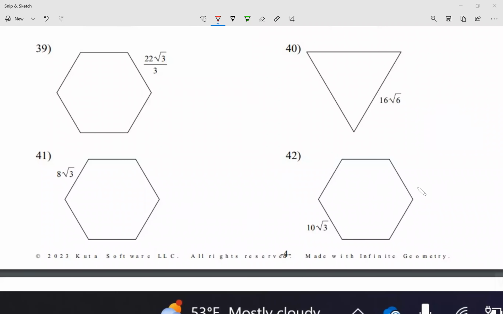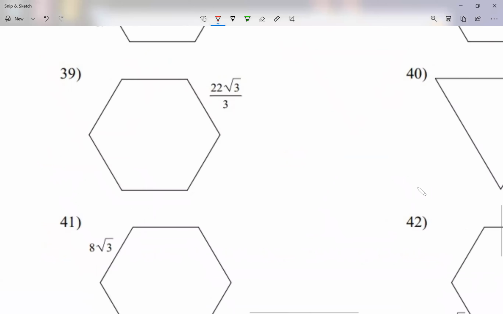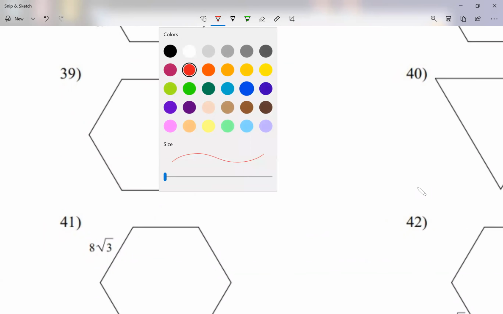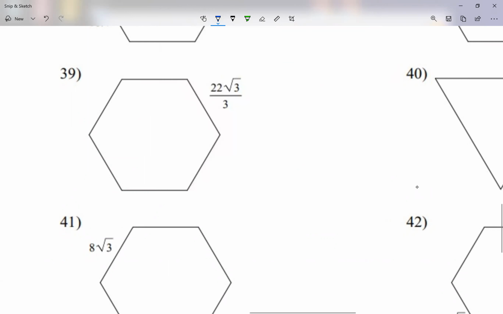All right, so yesterday we saw how to do it with the side and the apothem. Now I only see the measurement of a side, and it even has radicals. So what I'm going to do is go to the center of my polygon, it's about here.